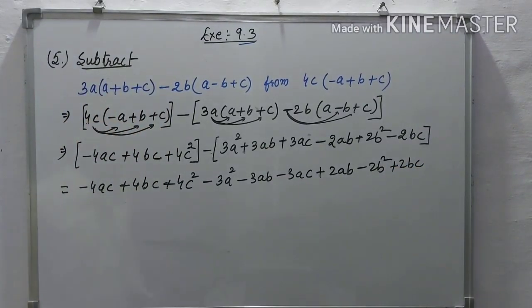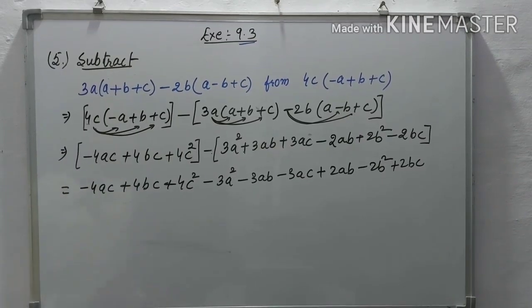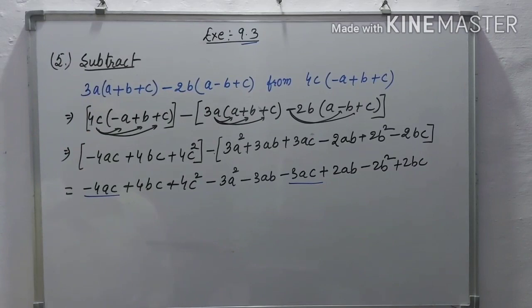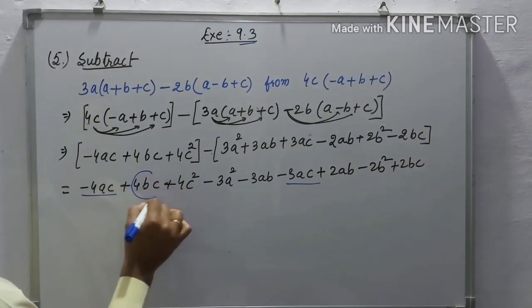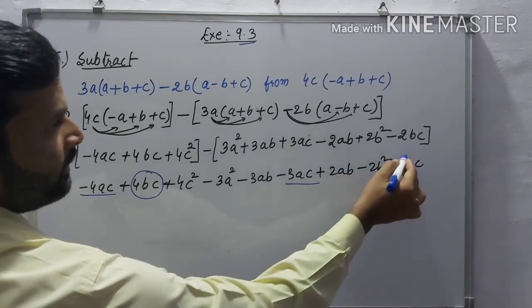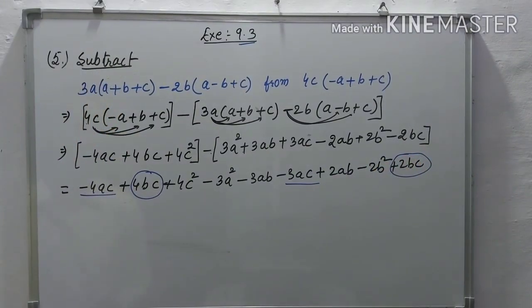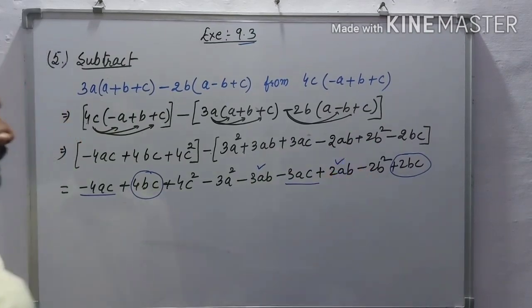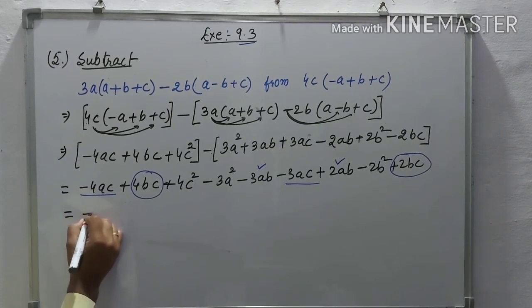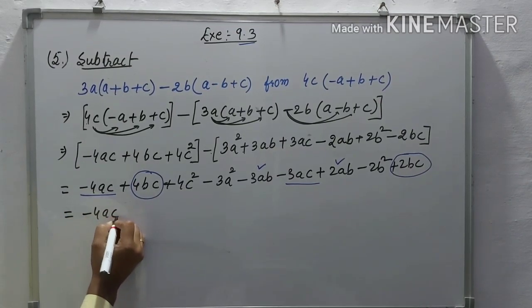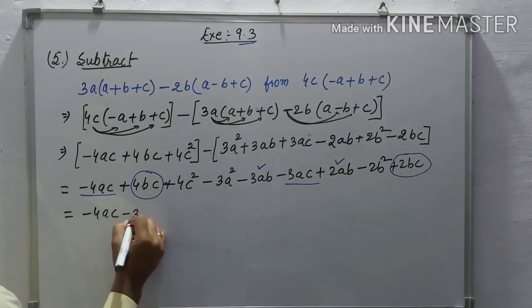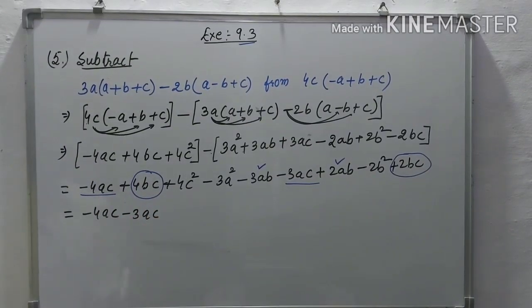OK, next step, you find the like terms. Like terms means AC with AC, BC with BC, and AB with AB. Similarly, minus 4AC and minus 3AC. Clear?